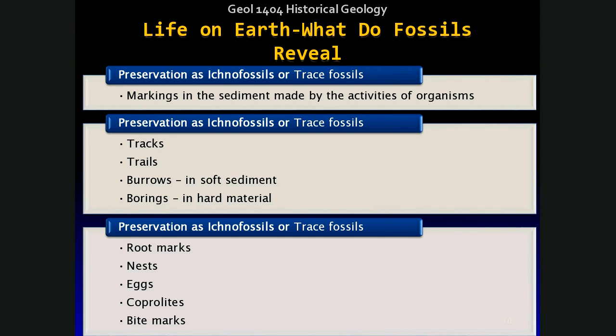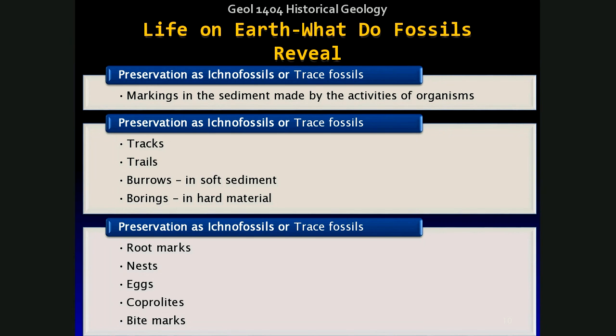And of course, we talked about the trace fossils at the beginning on the first slide. Organisms can also be preserved as trace fossils or ichnofossils, in which case there is no hard part or any soft part preserved. A trace fossil, or ichnofossil, is a fossil that recorded any type of interaction between the organism and the sediment that hosted the organism's fossil.